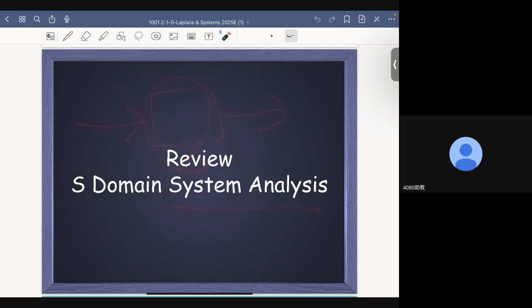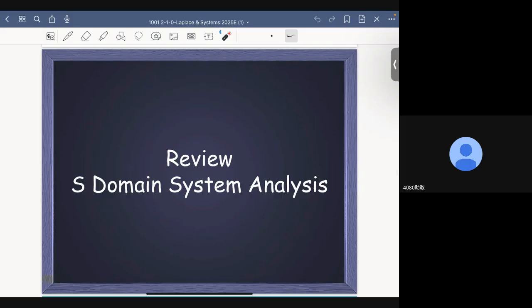Typically, we perform system analysis in the time domain because that is where things happen. But by transforming the problem into the S domain, the design and management of the system can become much less complex.